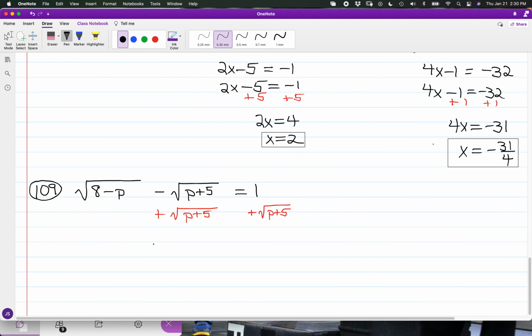And upon doing so, I have the square root of 8 minus p is equal to 1 plus the square root of p plus 5. And I can free up the 8 minus p upon squaring both sides of the equation.